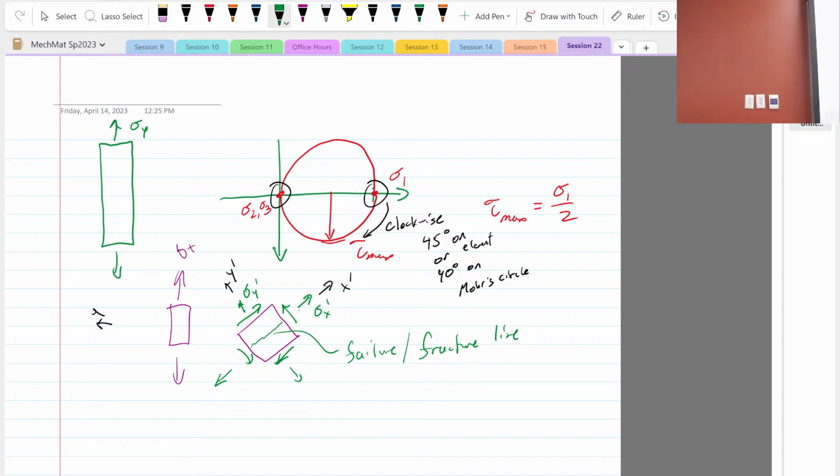First question is, oh, I'm so tired. Okay. Yes, the fracture is on this line, and it's not along it, it's normal to it. This is for a ductile material. Oh my goodness.